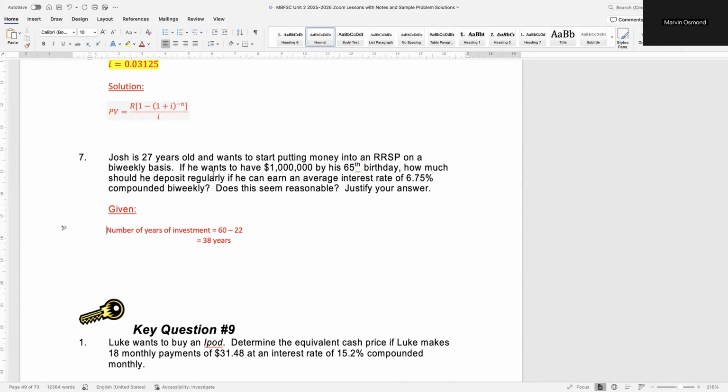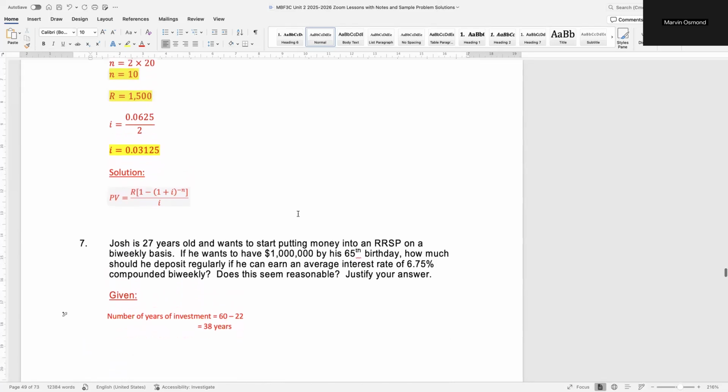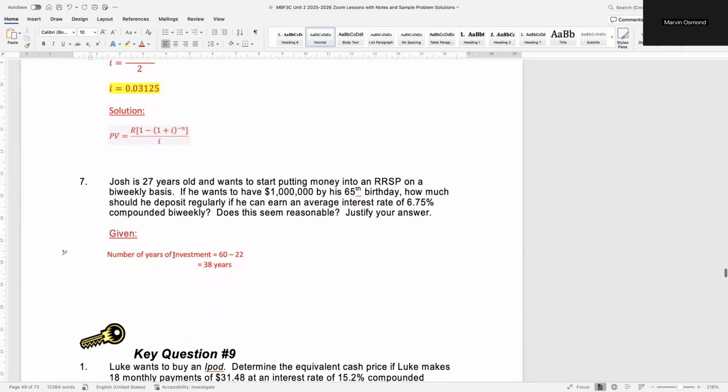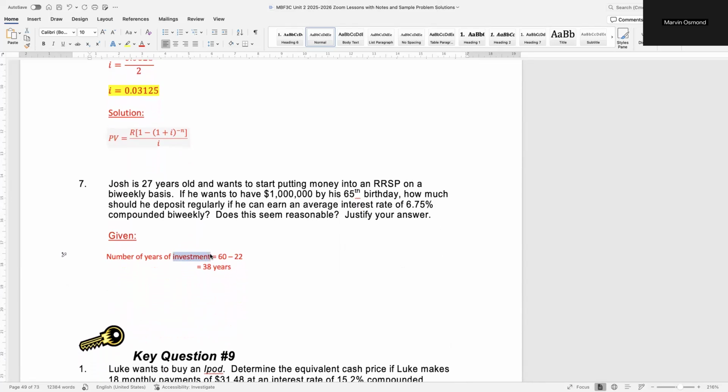So number of years of investment, your number of years of deposits. Okay, so we're just going to change it slightly, a little different but similar. So 65th birthday, and right now 27 years old.